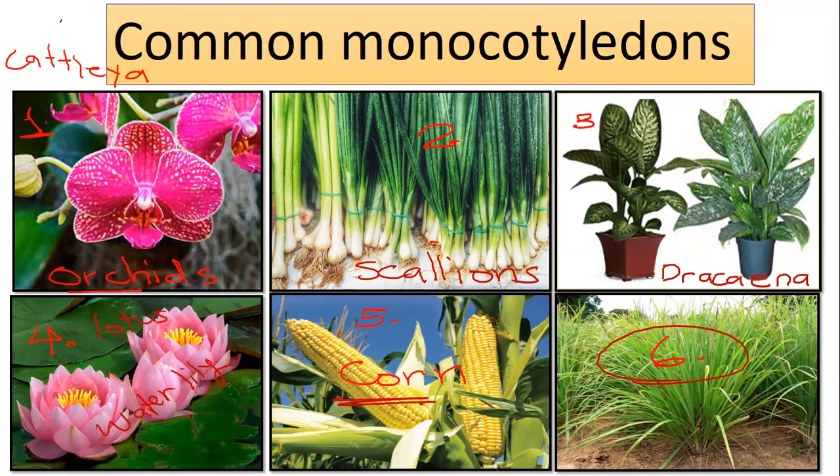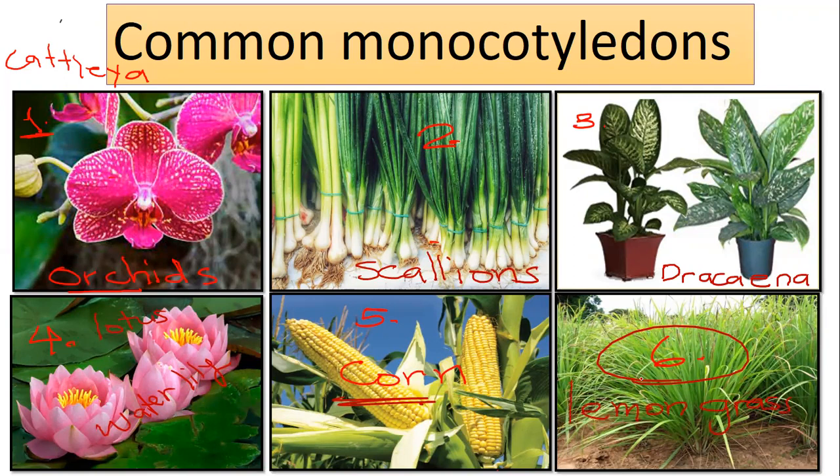Grass. A grass. Yes, it's a grass. Is there a grass that we can cook? Yes. This is what we call lemon grass. It's a grass, but it's tall.